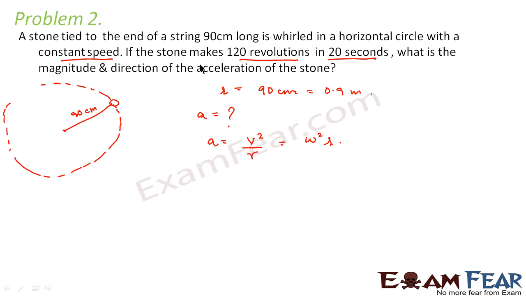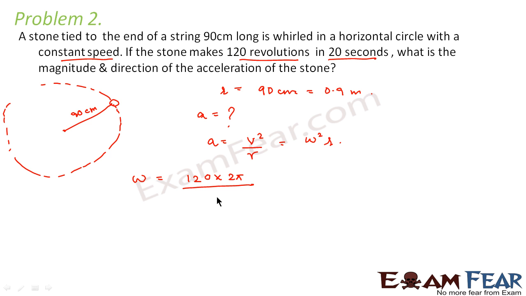Also, it is given in this question that it makes 120 revolutions in 20 seconds. So we can say that omega is equal to 120 revolutions, meaning how much angle will it cover? It will cover 120 into 2 pi, because in one revolution it will cover 2 pi.